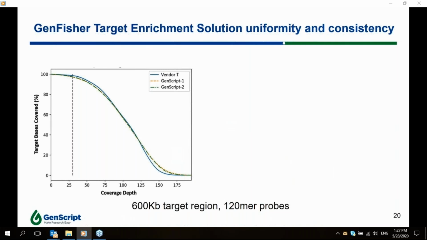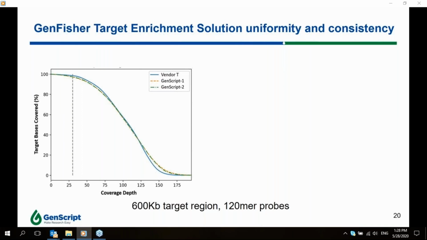Here I'm showing you the uniformity performance of our GenFisher probes. On this figure, the x-axis is the coverage depth, and the y-axis is the percentage of bases covered at that certain depth. A uniform capture would show a consistently high percentage above a certain coverage depth and a steep drop below that coverage, as is the trend shown in this figure.